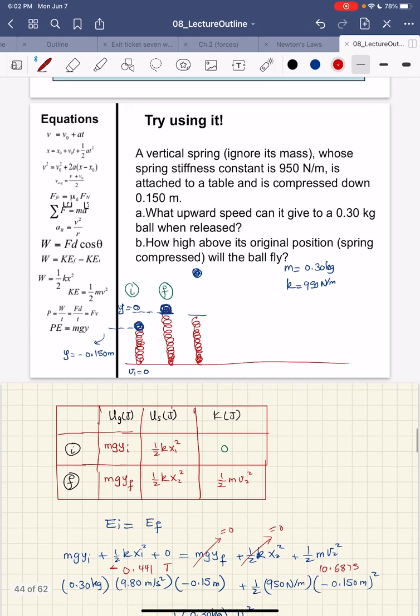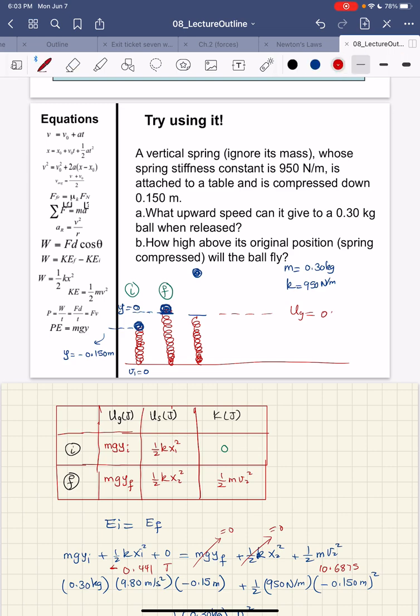Okay, I have recorded here the mass and k, and I just provided a very simple sketch. For the first one, of course, you need maybe to have your hand pressing that spring with the ball so that it will be compressed, and it is compressed 0.150 meters. I did choose to have my UG equal 0 here, where my y is going to be 0.